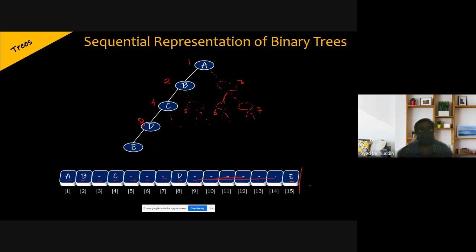So array-based or sequential representation of a binary tree consumes a lot of memory. It wastes a lot of memory, because if it's a right-skewed or left-skewed binary tree, many of the cells will be empty. So there's a problem with representing binary trees using arrays.